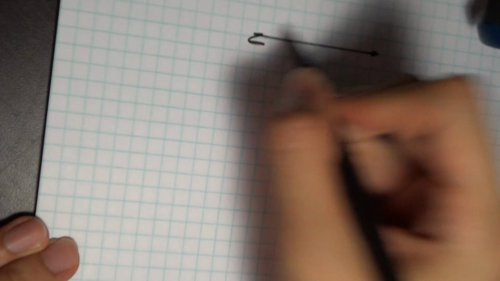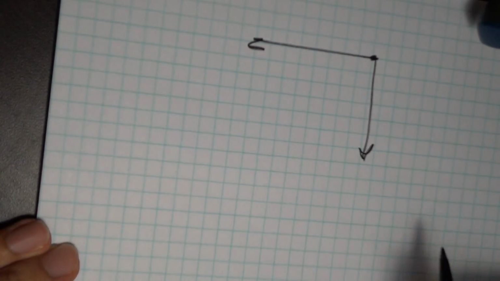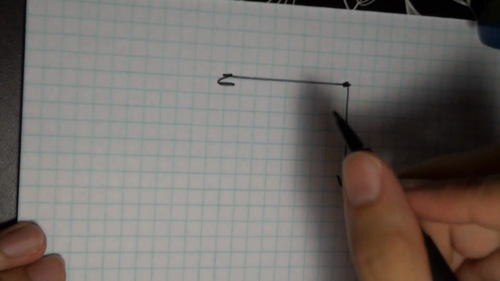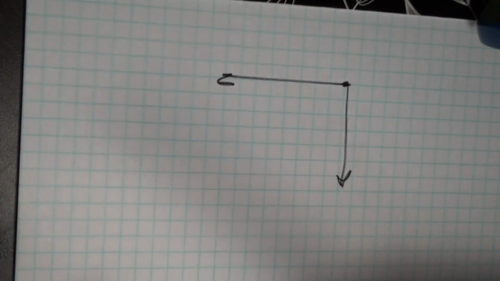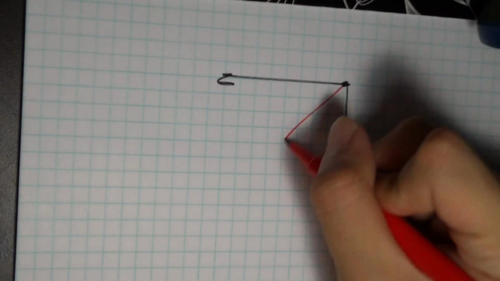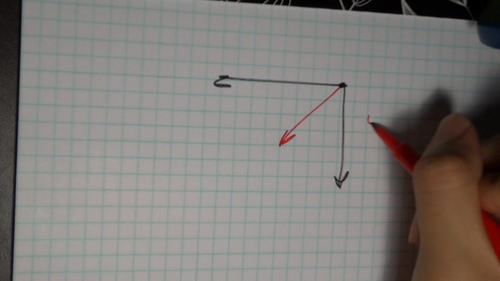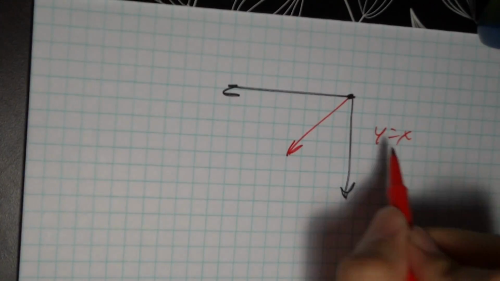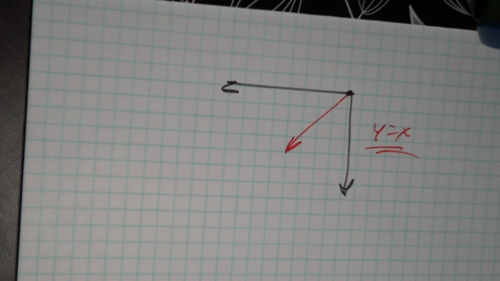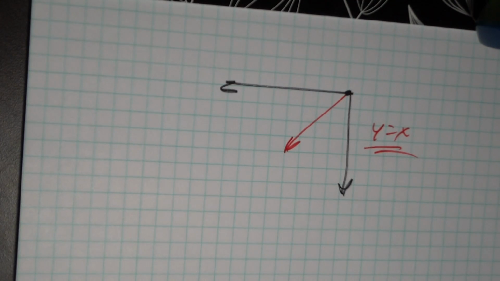Finally, let's look at one last graph. I think this is the last possible permutation, but we have a line like this, and this is my y equals x graph again. Again, these graphs are all equivalent.